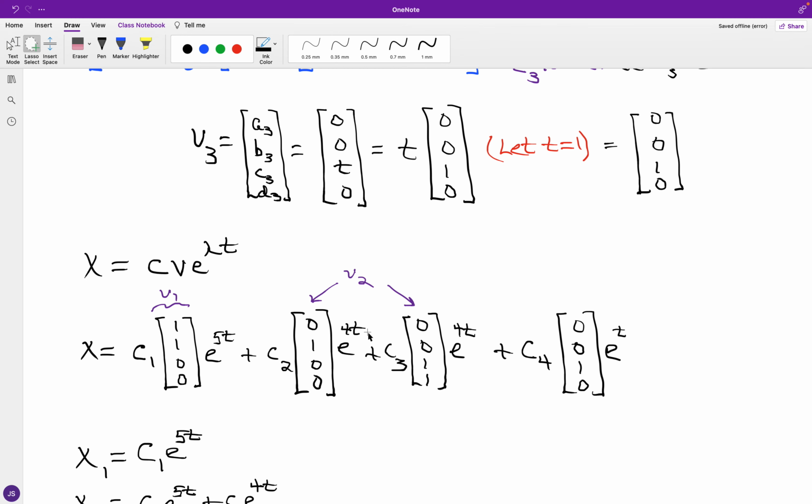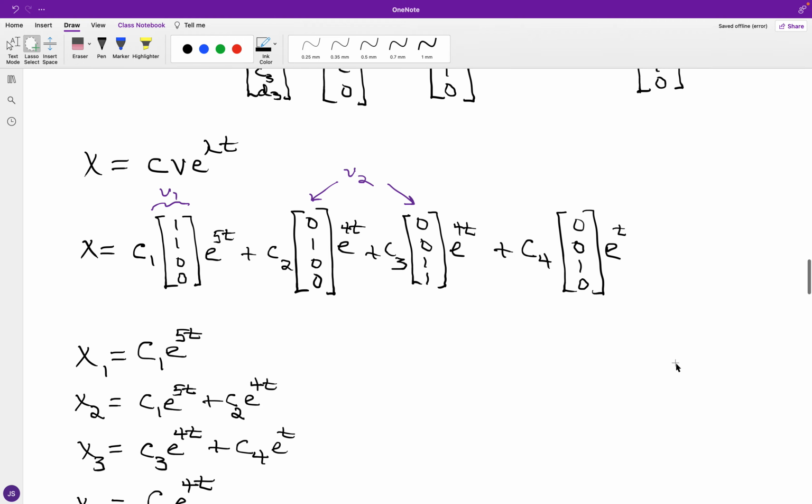Then, with a distinct constant, c sub 3 times the other part of the second eigenvector, the matrix consisting of 0, 0, 1, 1 times e to the 4t once again. And c sub 4 times the third eigenvector times e to the 1t.